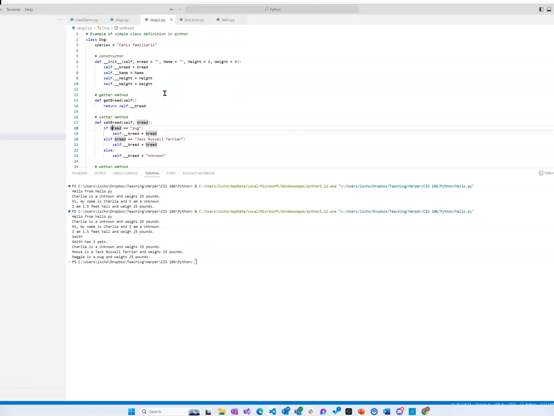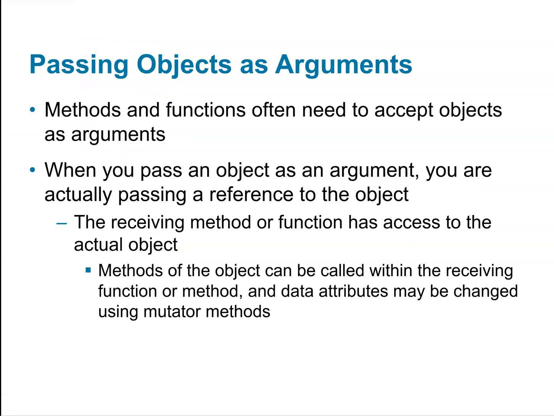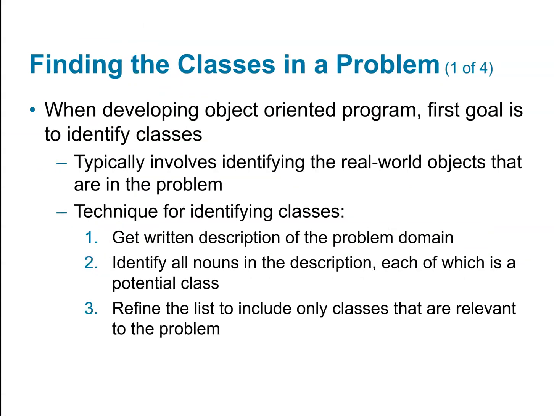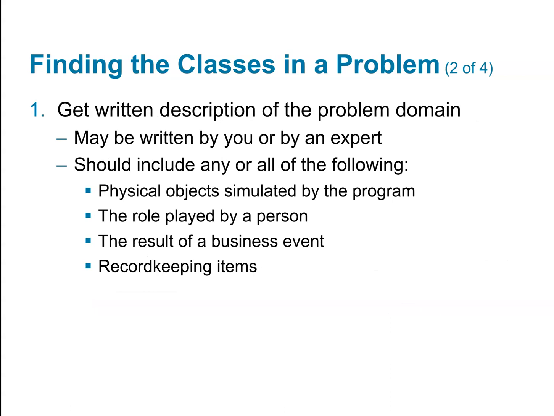Okay. And so with that, last thing let's talk about is how do we find the classes in a problem? Well, typically you identify the real world objects. Here's a way to get onto it. Write a description of the program, identify all nouns, refine the list to include only classes that are relevant.